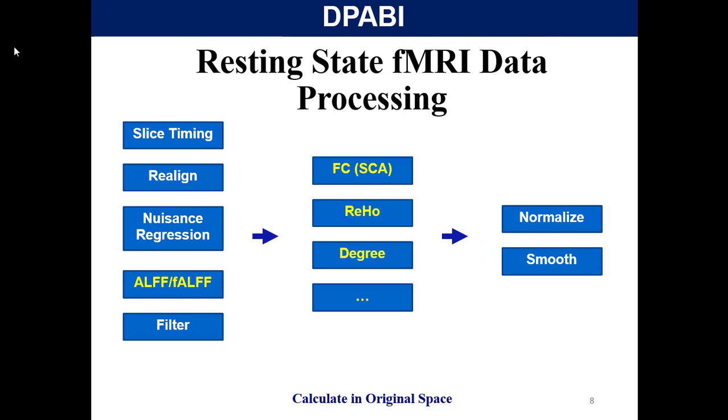Up to now, I haven't seen a paper discussing whether calculating in original space is better, or calculating in standard space is better. But if you're interested, you can perform such an analysis to see which is better.